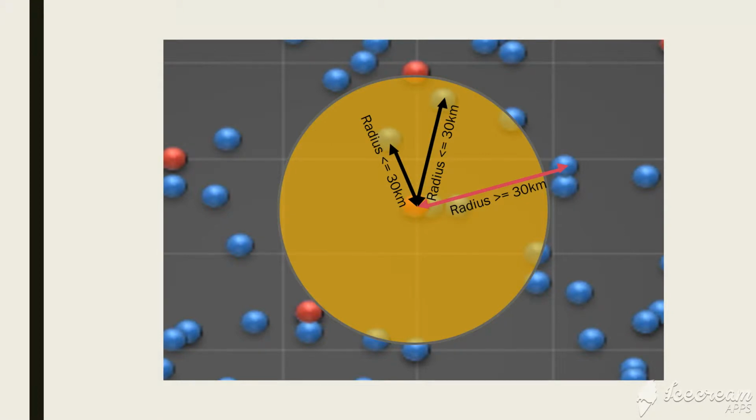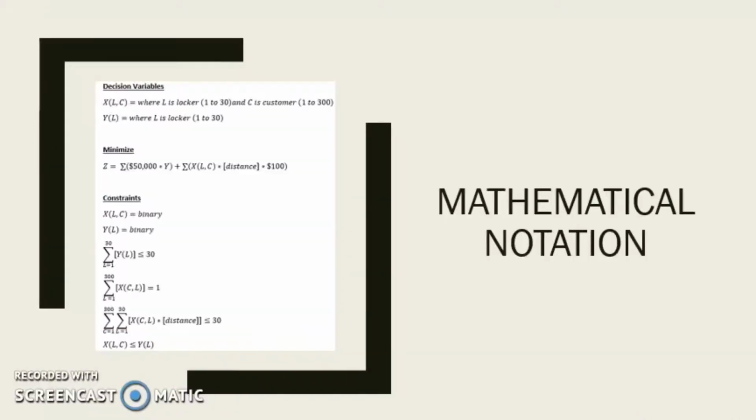And because the model is randomly selecting a locker's location, the result will be different or less efficient than the MIP model result.